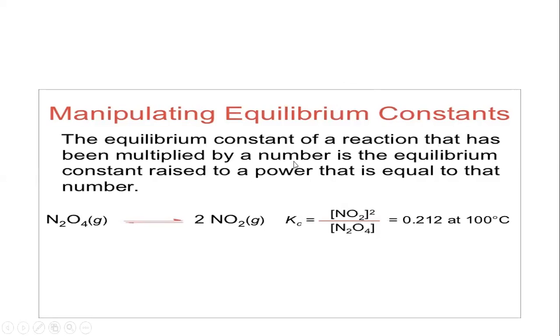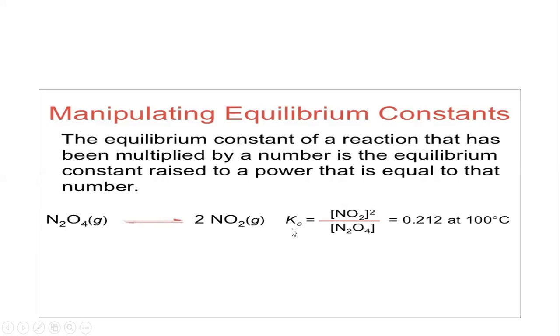No? Okay. What we are trying to state here is that the equilibrium constant of a reaction that has been multiplied by a number is the equilibrium constant raised to a power equal to that number. For example, if I multiply through the whole equation by 3, then here will become 3 moles of N2O4, and here will become 6 moles of NO2.